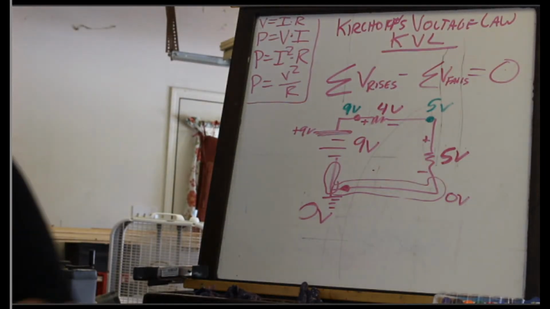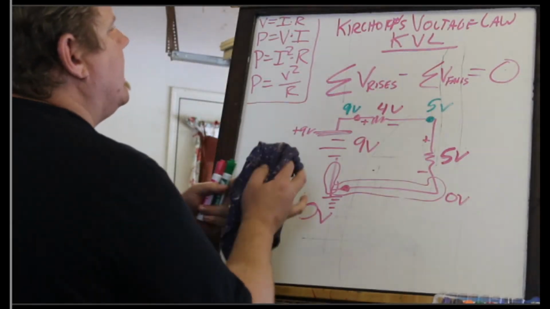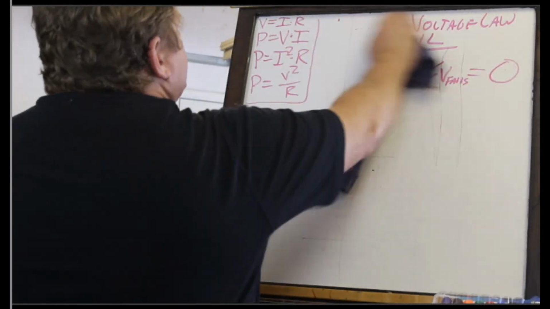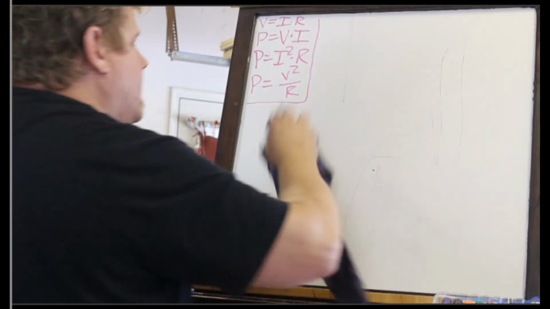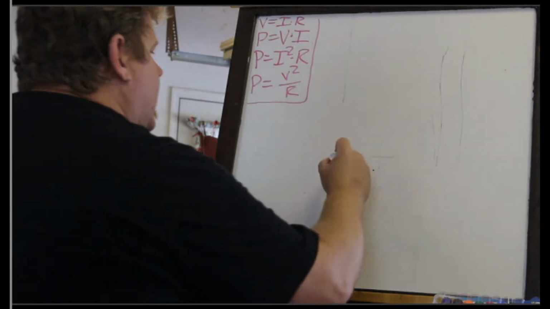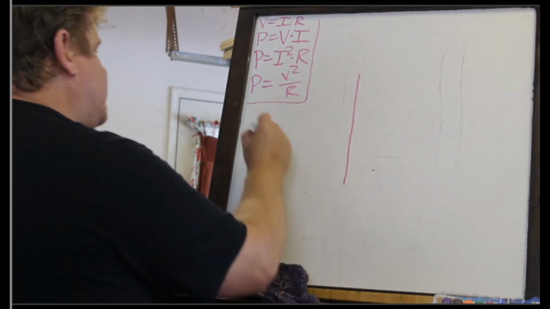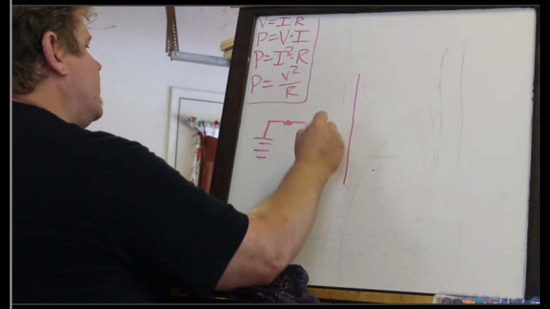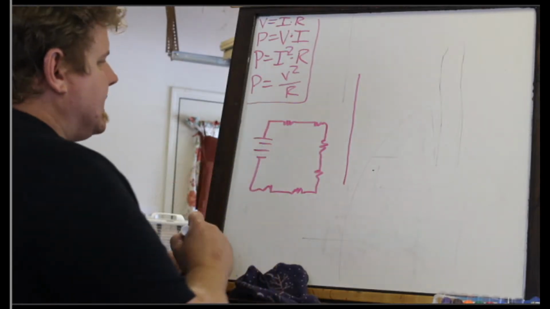Okay, so let's keep going here. One of the examples in the PowerPoint that I want to illustrate is thinking about this in terms of a staircase. So there's 6 resistors here.